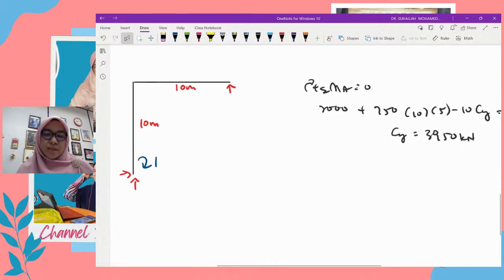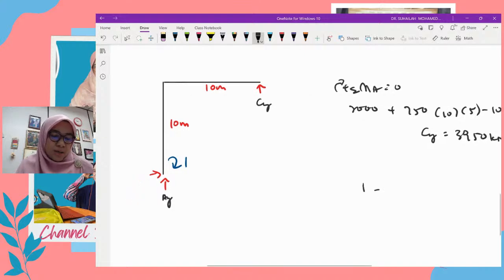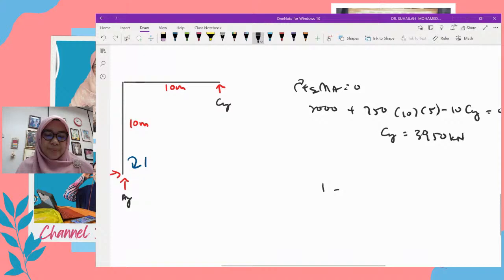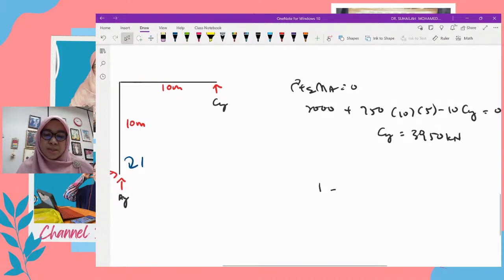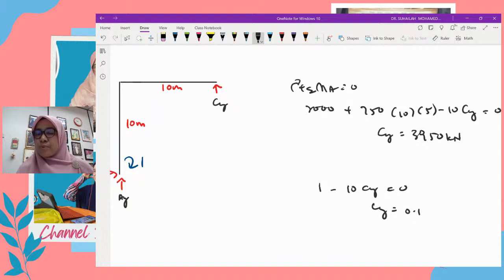Here we get 1 minus 10 CY is equal to 0, with AX, AY and CY as reactions. So CY is equal to 1 divided by 10, which is 0.1.